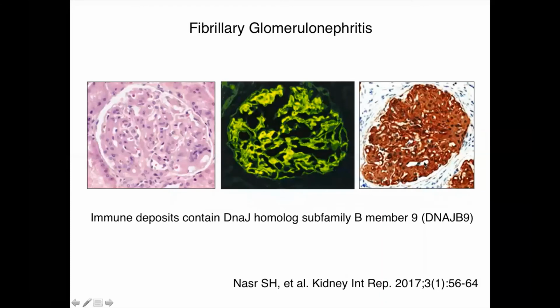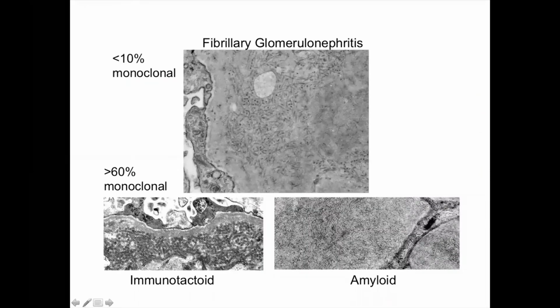immunohistochemistry, which is DNAJB9, and it is going to be positive for DNAJB9. This is specific for fibrillary, right? So fibrillary is polyclonal and immunotactoid is monoclonal. Again, this is one way of differentiating between fibrillary and immunotactoid without electron microscopy.